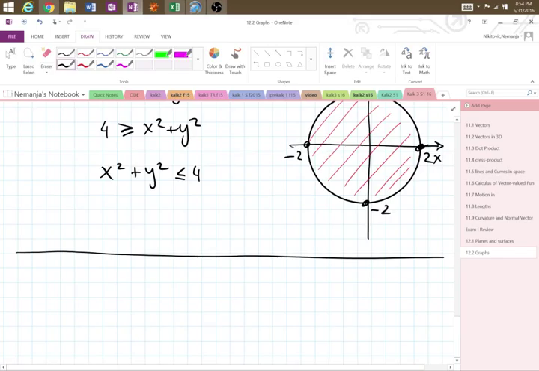So for level curves, there's really no definition or anything, it's just a procedure.